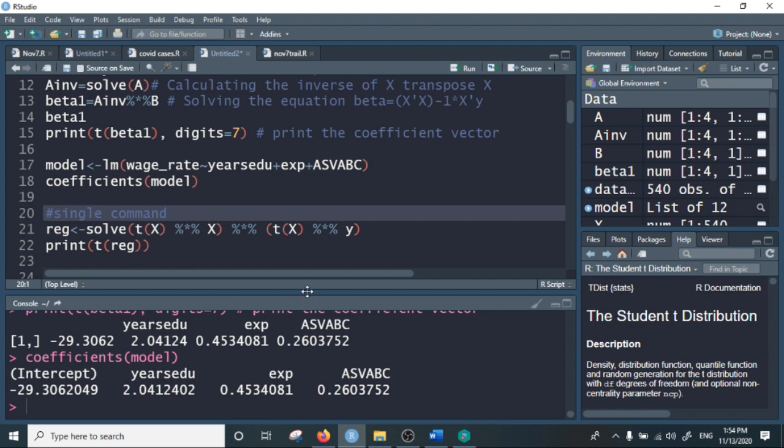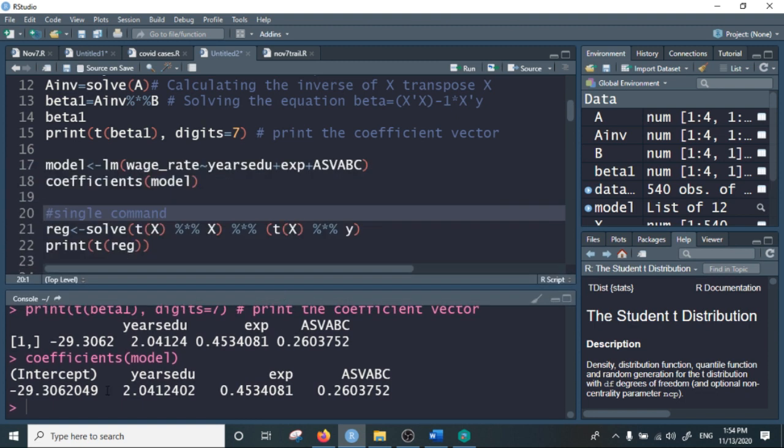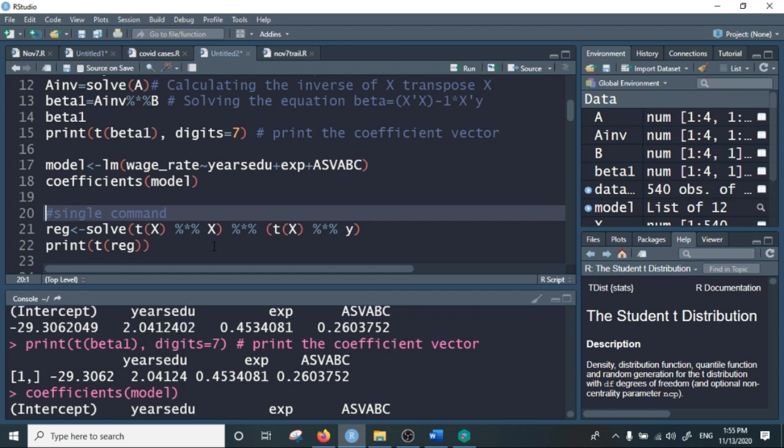If we look at these two sets of coefficients, we see that the coefficients are exactly the same. The only difference is the number of digits. The number of digits from the model is 7, whereas the number of digits in our manual estimation is smaller.